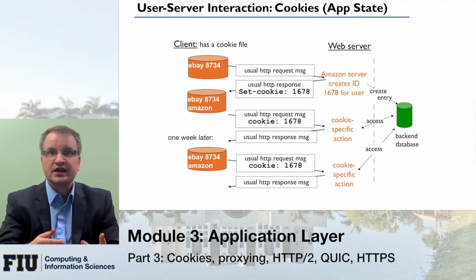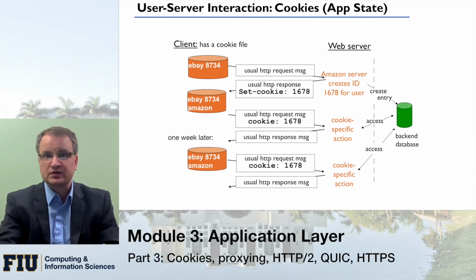And in this specific case, it asks you to set this 1678 value, and this value is absolutely server specific and has no other meaning or interpretation in the HTTP protocol. It's just that the application decides what it wants to set, and it's being set.